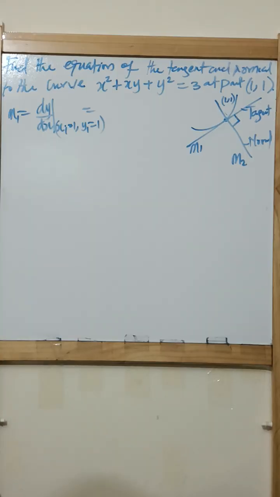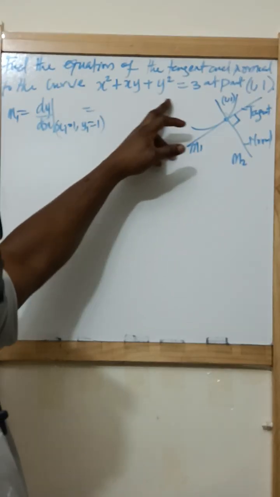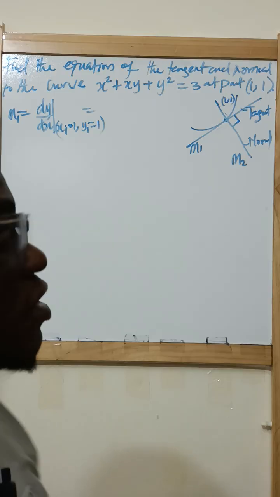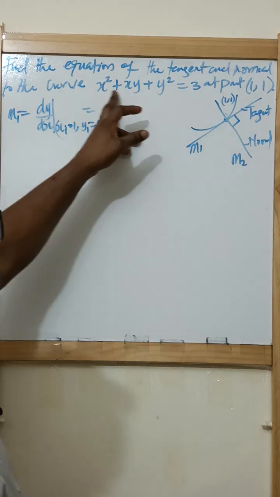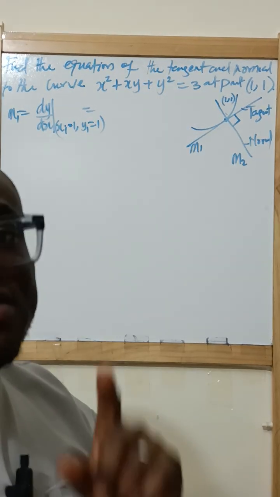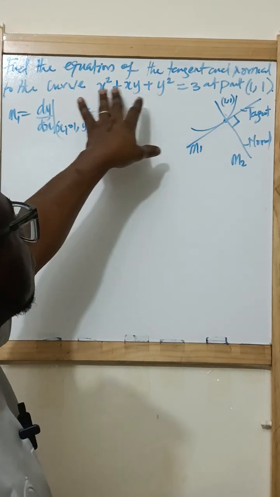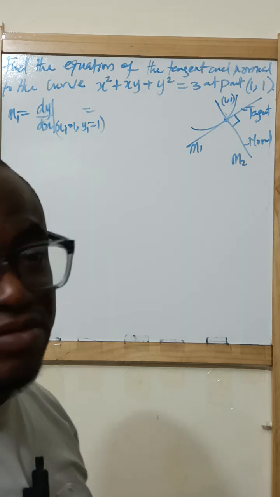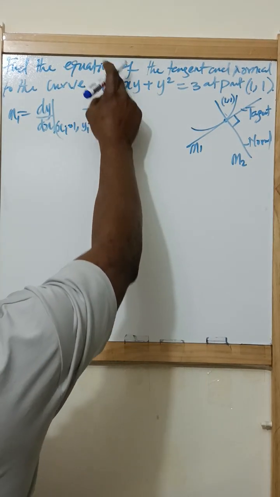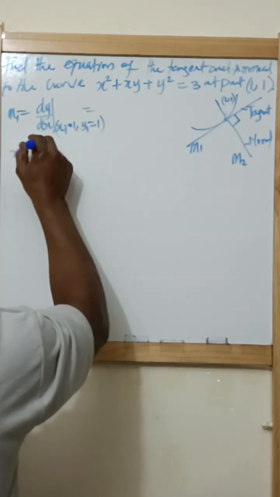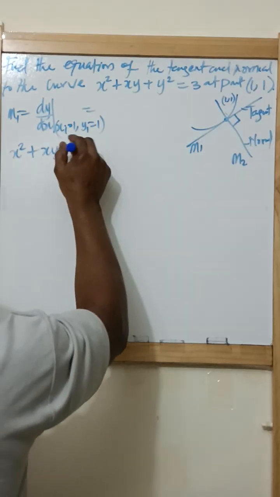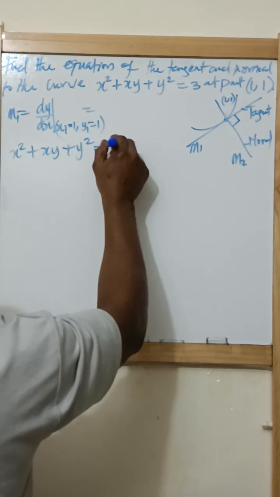So what is the differentiation of this particular curve? To get this, this is an implicit function, right? Being an implicit function, we have to differentiate it implicitly, right? So that will be differentiating x squared plus xy plus y squared equals 3.